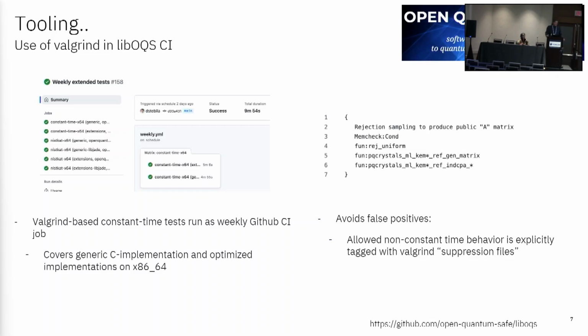That's a CI integration. To avoid false positives, Valgrind has the notion of so-called suppression files, where you can explicitly allow list cases like this rejection sampling that does not need to be done in constant time. So that's a nice tool, and there are quite some crypto libraries that use this.